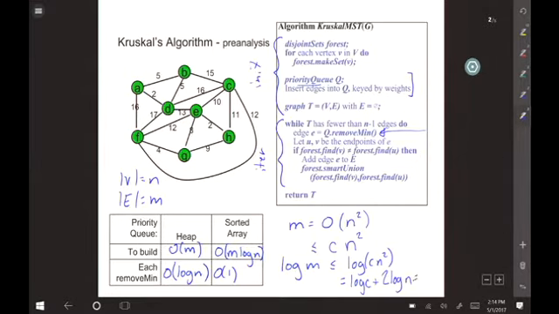I want to blur my eyes and get rid of this constant term and that coefficient by writing big O of log n here. Okay? So you're right.